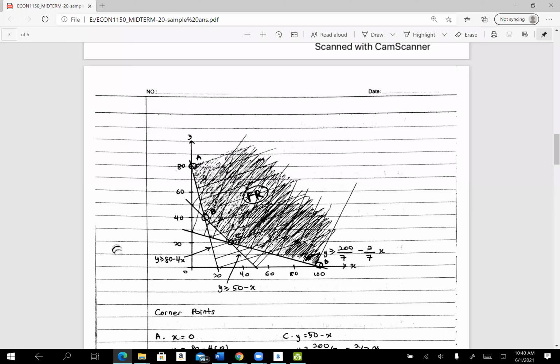Dengar tak dengar ni? Hello? 20 and 80. 20, 0. This is X.